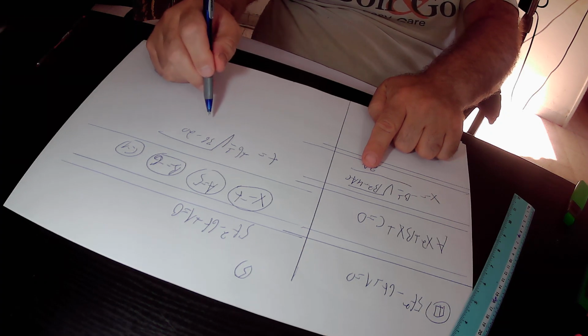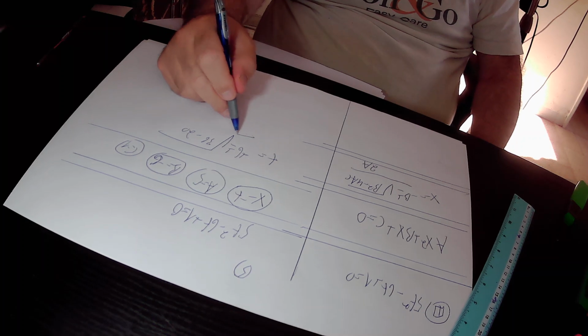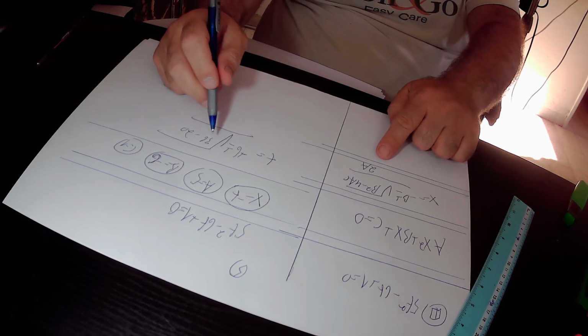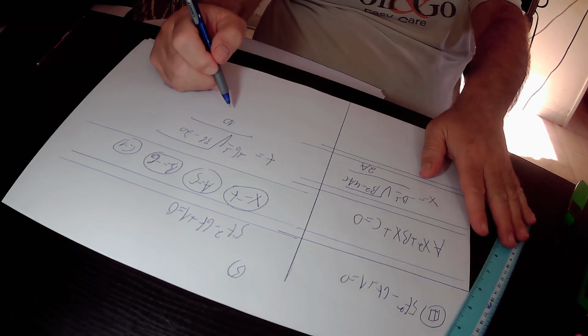So inside the root we have 36 minus 20, divided by 2a. a is 5, so 2 times a is 2 times 5, that is 10.